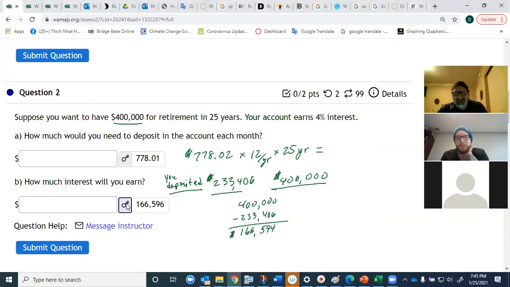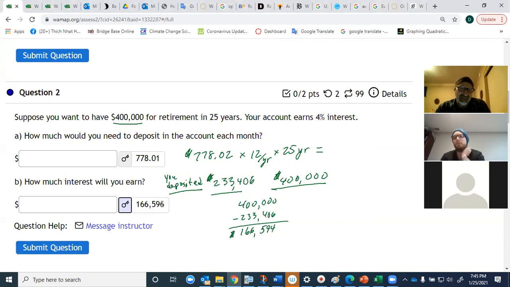This will be a little bit different because I used 02 and they used 01, so they have a little bit more interest than I had. Anyway, there's a leeway in the program that allows you a little bit of variation. A couple bucks off there is no big deal.